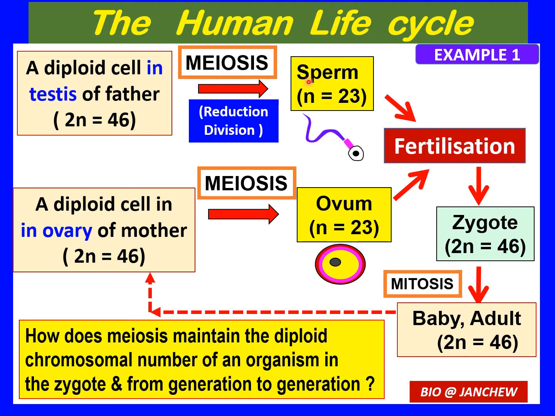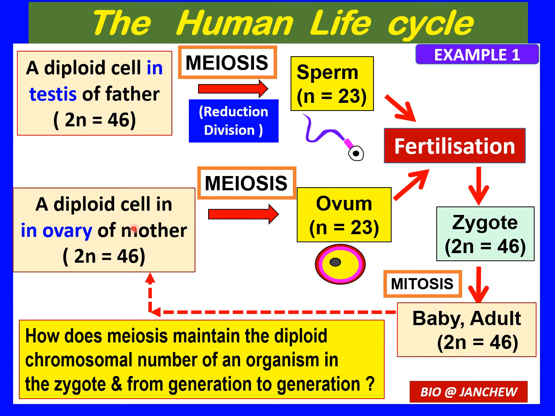So the sperm is formed through meiosis, and we call meiosis a type of reduction division, because when the sperm cell is produced through the division of the diploid cell, the number of chromosomes is reduced to half that of the parent cell.